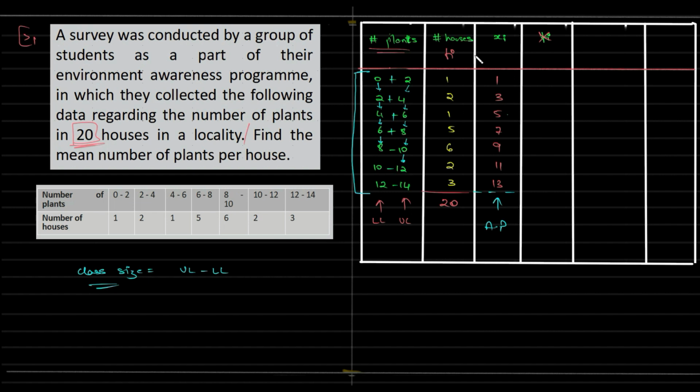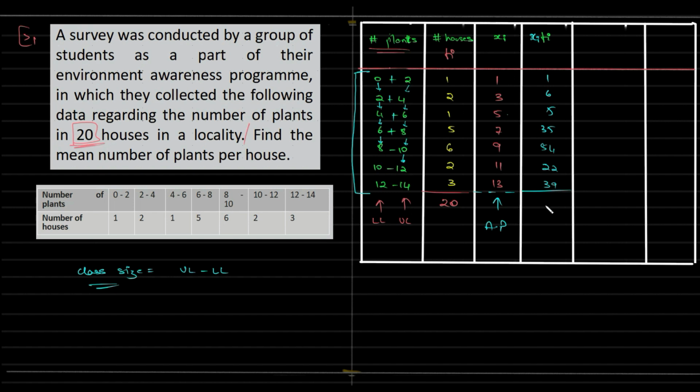Depending on xi and fi values, we can think about what to do next. These values are very simple. These values are very simple too. We can directly do xi into fi. So 1 into 1 is 1, 6, 35, 54, 22, 39.